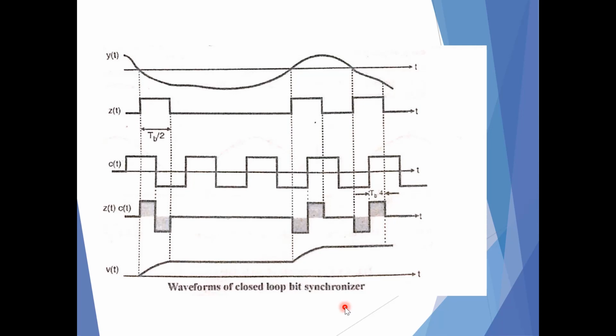The second disadvantage: the synchronization will be lost if the message y(t) includes long strings of zeros and ones, so y(t) does not have crossings frequent enough. Then obviously the synchronization will be lost in case of bit synchronization.